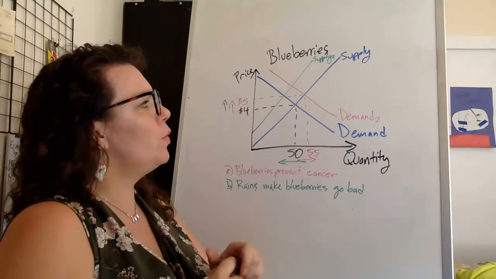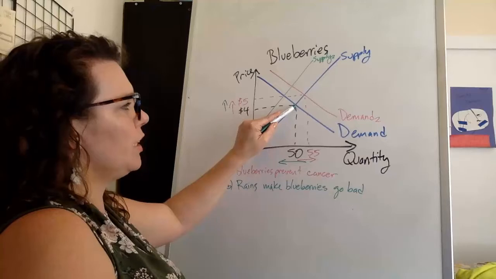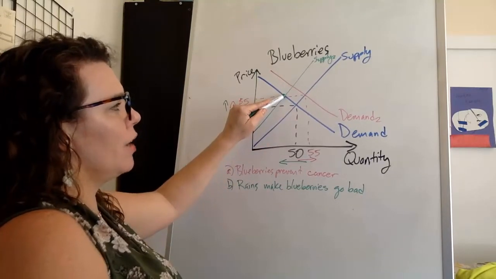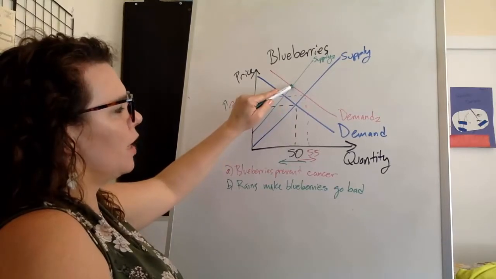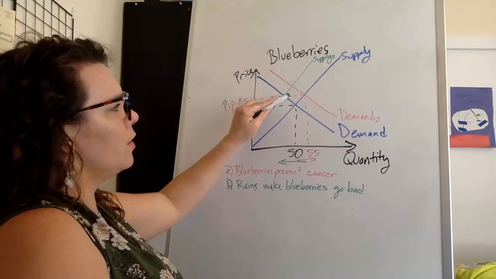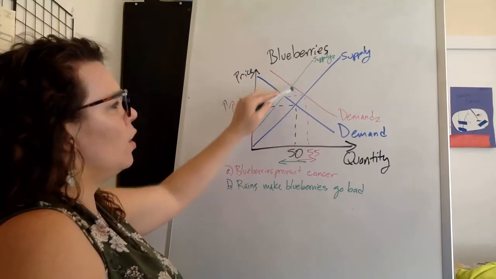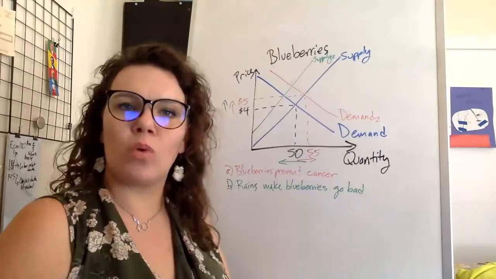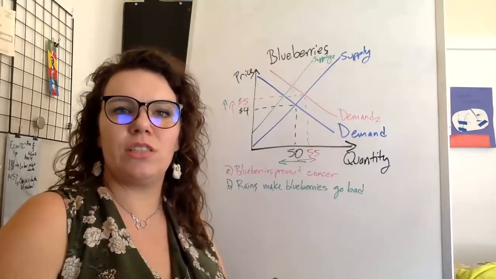Now, if you are looking from your original equilibrium to the new equilibrium with the old demand and the new supply, or the new demand and the new supply, you still see that whether we're moving from here to here or from here to here, we're seeing the quantity go down and the price go up. And that's really all we're looking at, is the direction of those changes, okay?